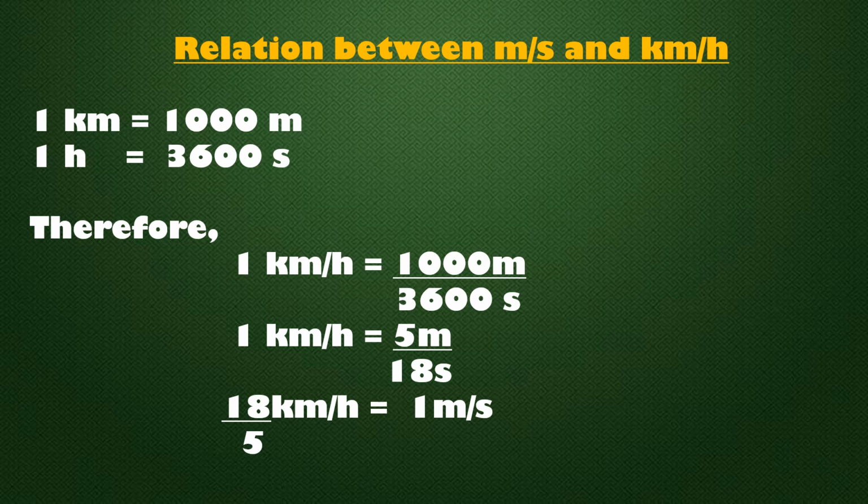Therefore, 1 kilometer per hour equals 1000 meter upon 3600 seconds. On solving further, you will find that 1 kilometer per hour is equal to 5 by 18 meter per second, or we can also say that 1 meter per second is equal to 18 by 5 kilometer per hour.